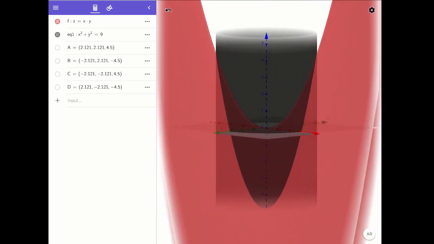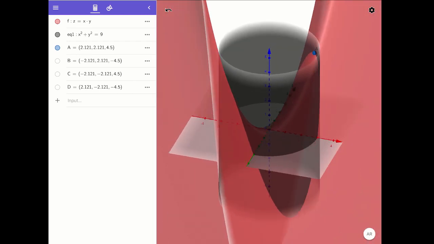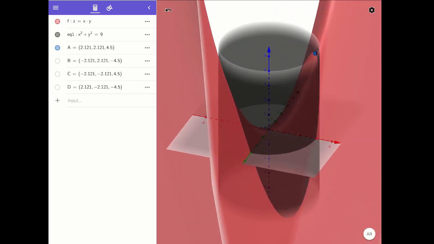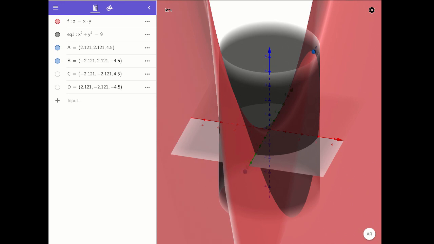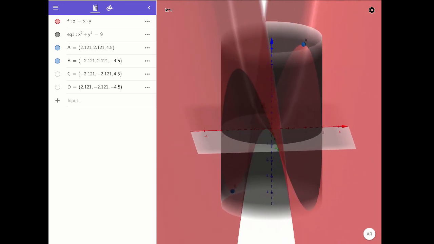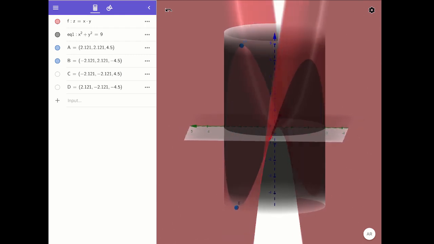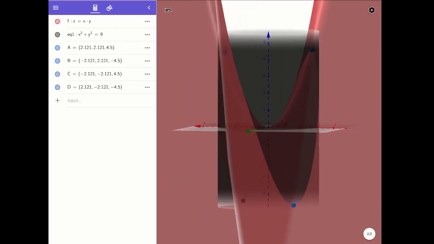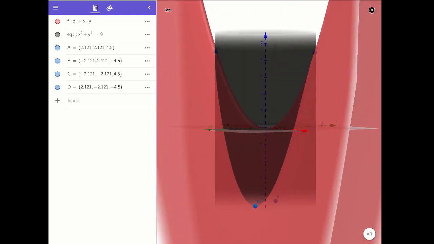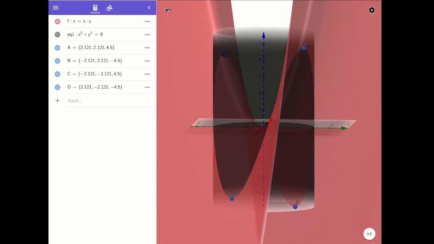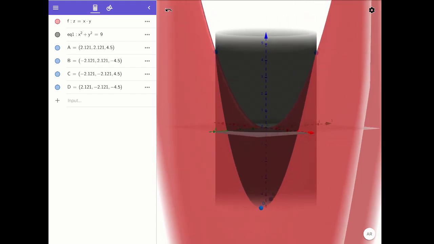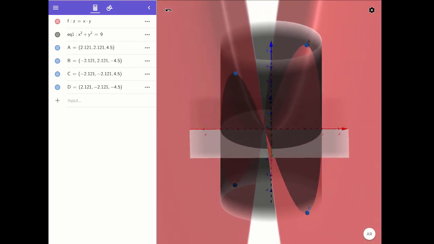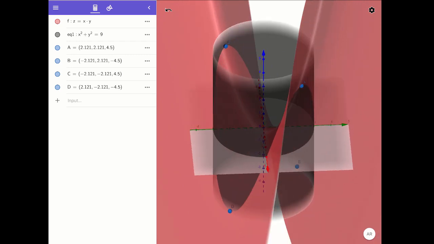So then I took our decimal answers, and when all three are positive, that is a maximum point right there, point A. And then point B, when z is negative, then that's a minimum down here. And points C and D. So then there's 2 minimums, that would be B and D, and 2 maximums, that would be A and C.